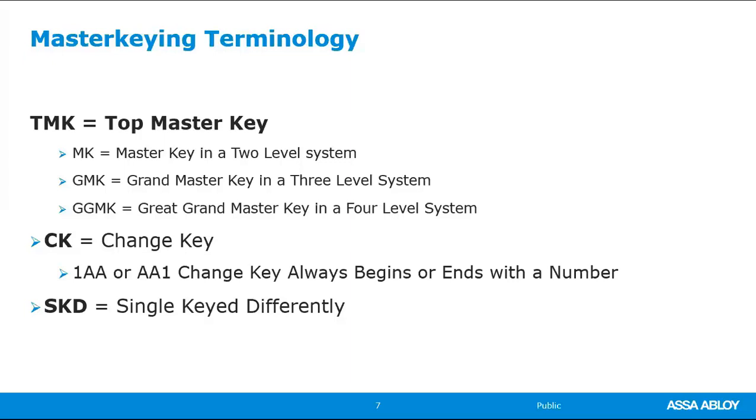And if you have multiple ones that require different keys, the next one would be SKD2 followed by SKD3 and so forth. Now, why is single key differently so important? Well, one of the reasons is by federal law on commercial buildings, there are 2 types of openings that by federal law must be single key differently.